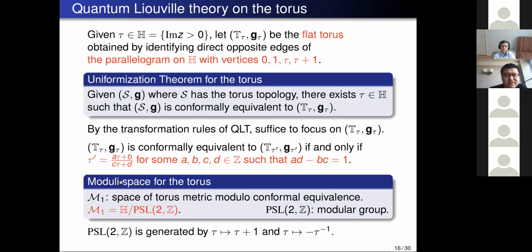And this means the torus has a very non-trivial moduli space, which is the space of torus metrics modulo conformal equivalence. And from this relation, we know that this moduli space for the torus is given by the quotient of the upper half plane by the modular group. Here, this group is generated by these two transformations.